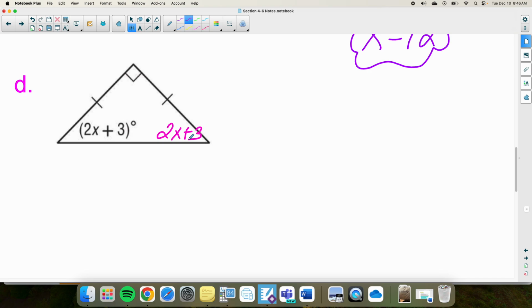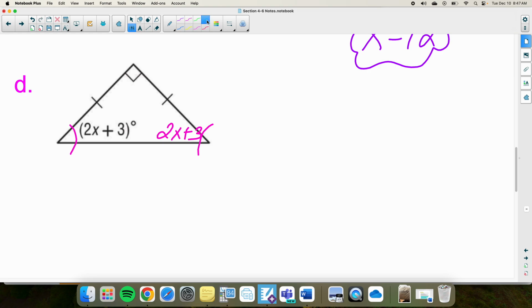Or if this is 90, what would these two add up to? 90, right? And if these two add up to 90 and are equal, how many degrees would each of them be? 45. So you could say 2x plus 3 equals 45. So any of those three ways works.